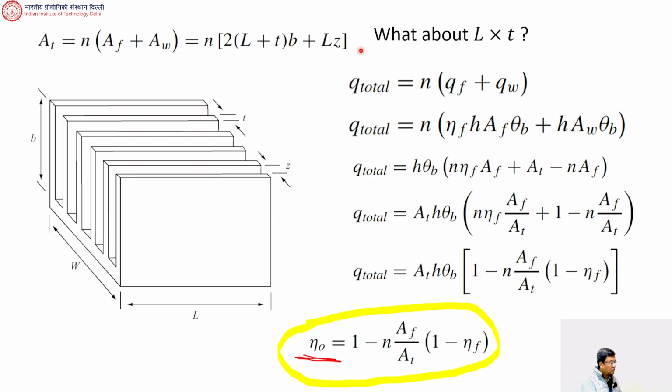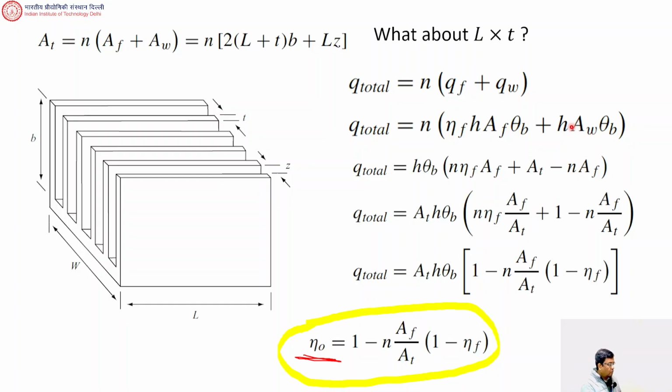Right, so this is Q total. And we are interested in overall efficiency of the fin array. So Q total is N times QF plus QW. QW is the heat through the interfin area. And this QF is for a single fin, and that is written in terms of the efficiency of the single fin. And then we have QW, which is the heat transfer from just one interfin area.